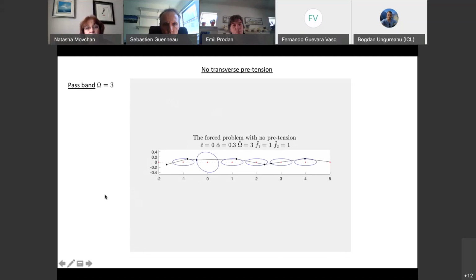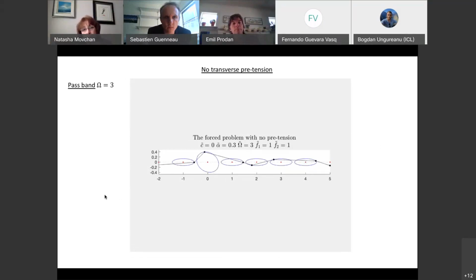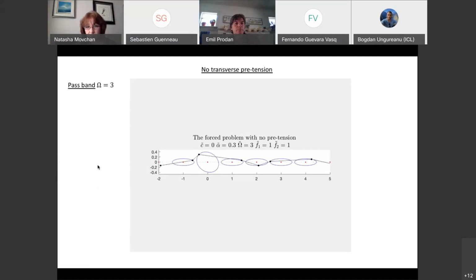Again, except for the 0 node, all the other nodes have elliptic trajectories where the major axis is aligned with the chain.